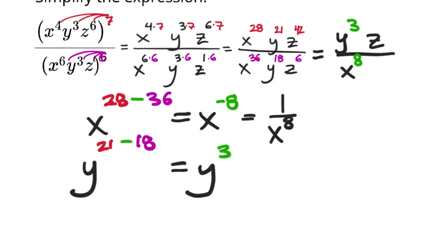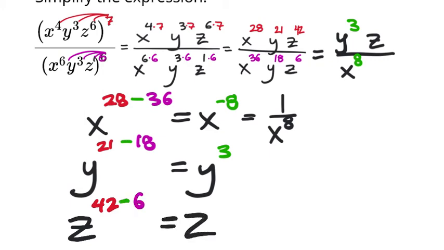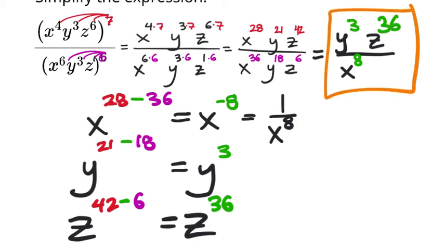And then the z's, finally. We have 42 z's in the numerator, 6 in the denominator. Let's subtract those, and that will tell us how many z's we end up with in the numerator. 42 minus 6 is 36. So that's z to the power of 36 in the numerator. That's it. We did it.